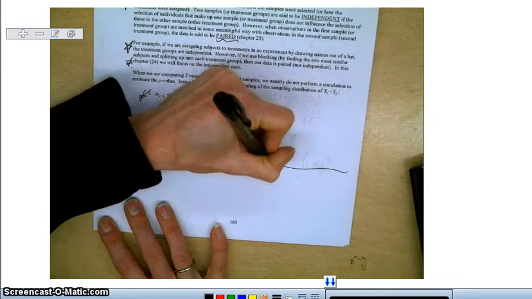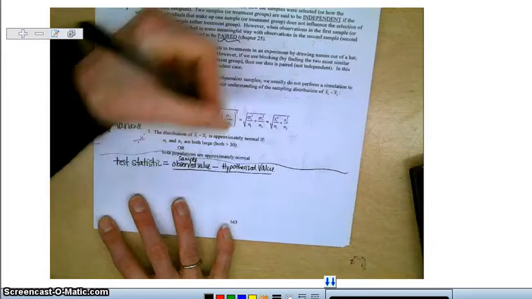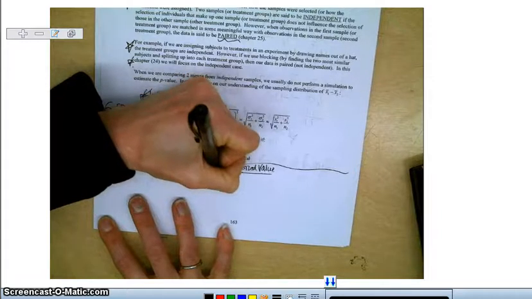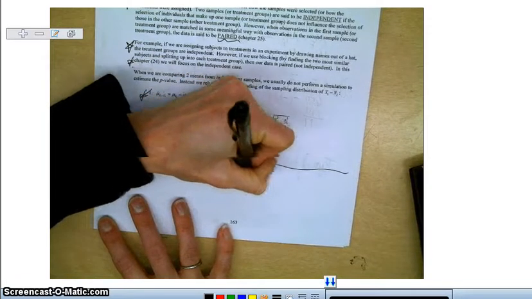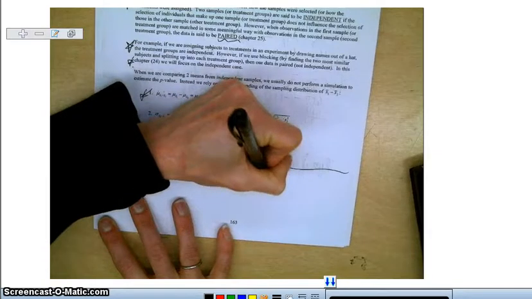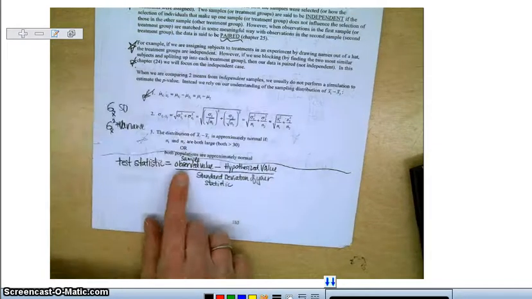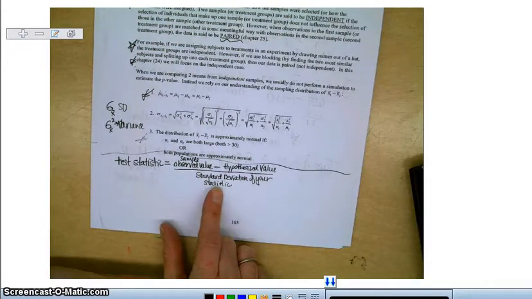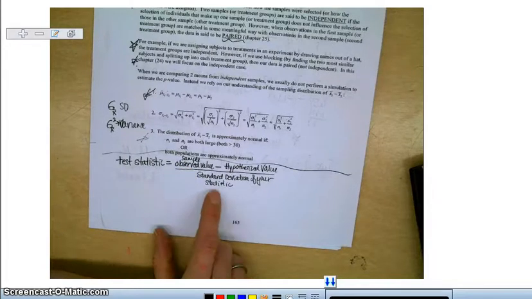That is the value in your null hypothesis, divided by the standard error, standard deviation, of your statistic. So whatever your statistic is, if it's a mean, then this would be the formula for the standard deviation of the sample mean. If it's a difference of means, then this is the standard error of a difference of means.